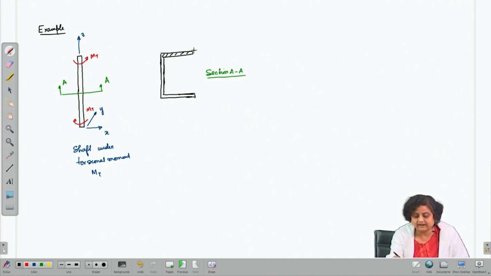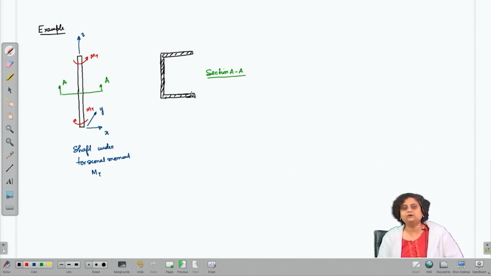So we let the cross section be the shape of a C. Many of us are acquainted with C section shaft, C section beam, and especially the students of aerospace engineering know that many of the stringers and spars are made out of such kinds of C section, I section, Z section, and so on. So let us consider a C section.